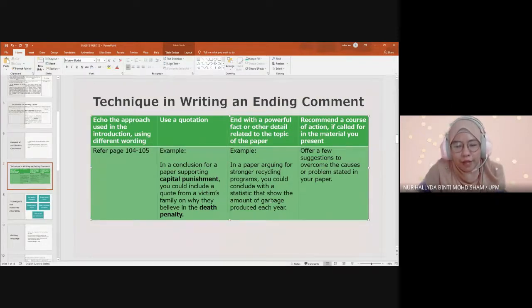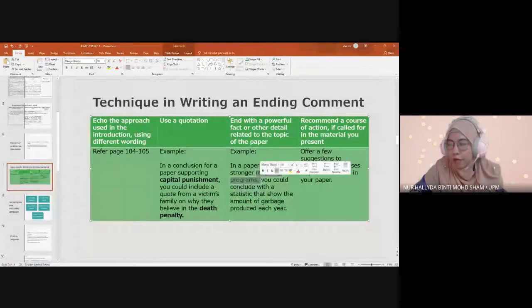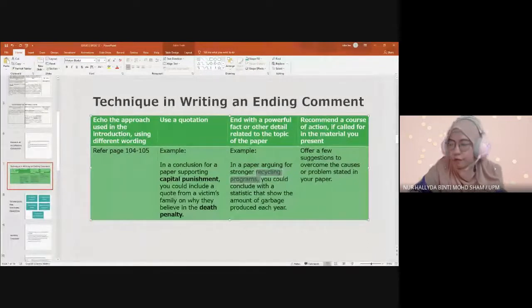You want to end it with something so impactful when people read. So you remind your reader that statistically, this is how much garbage we produce each year, and because of this, we should have better, stronger recycling programs.